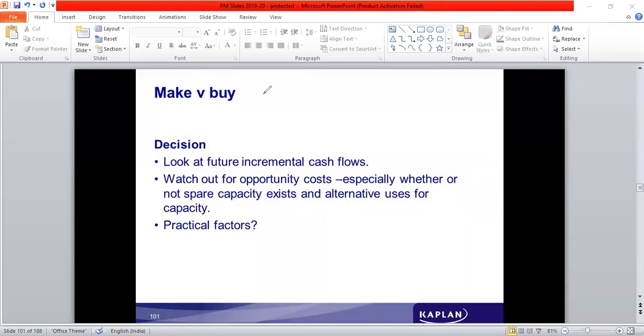So the decision about whether to make or buy: if it has to be bought, how do we take a decision? The decision part of it: if it is made, we see that variable cost is incurred, then the fixed cost is incurred.